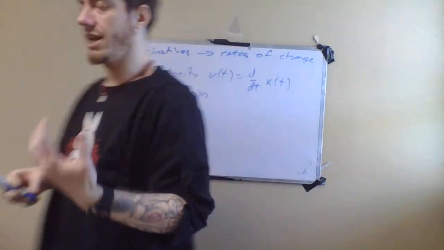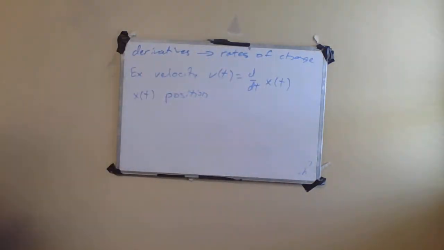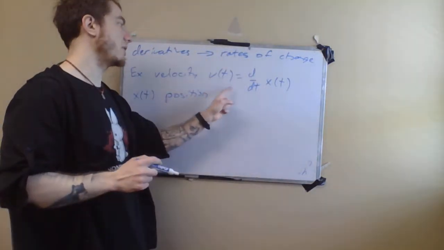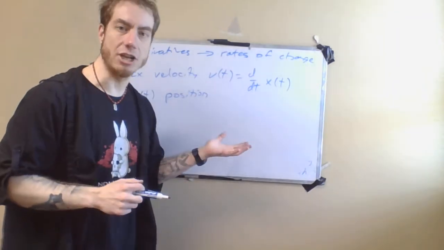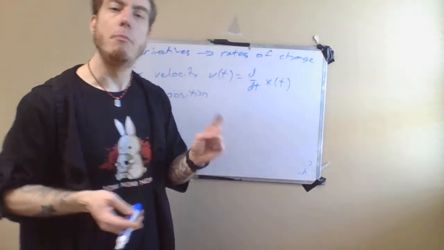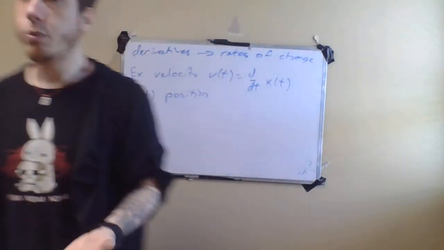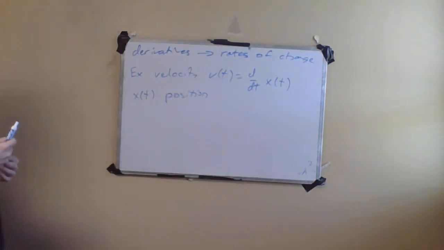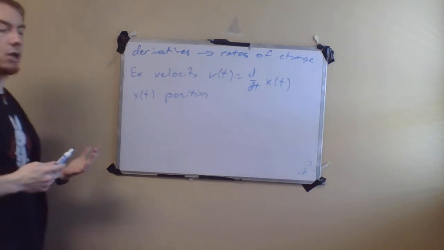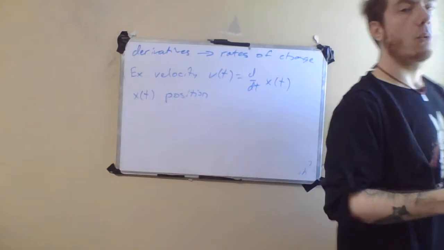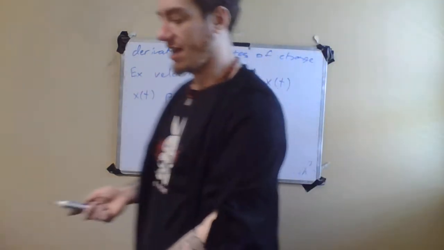Now, our initial interest was to say, well, we can now calculate the velocity as the derivative of position. That's great and all, but here's the thing. What if instead we know the velocity and we want to talk about the position? Well, in that case, we need to use an antiderivative.